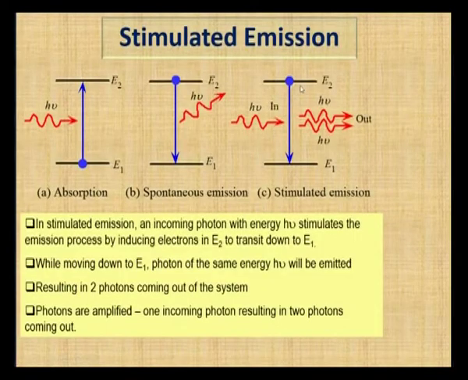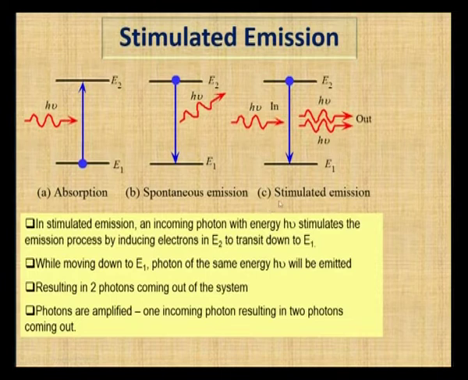When a photon is applied to atoms in the higher energy level, the atom comes back to the lower energy level, releasing the same energy, h nu, the energy of a photon, and this adds to the other photon h nu that is already there.